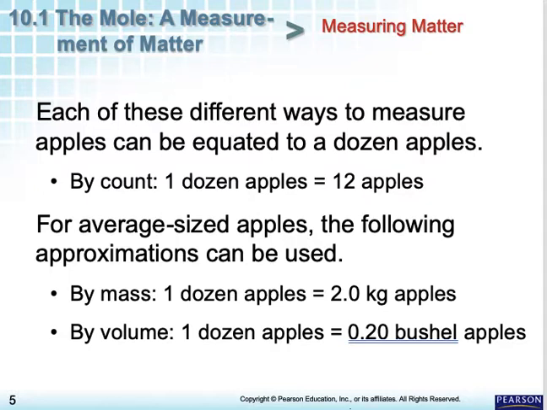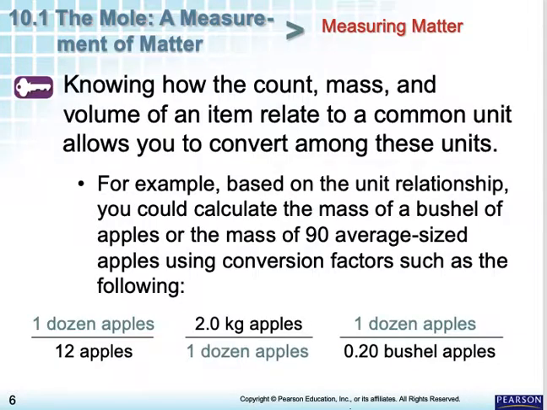If a dozen apples equals 2.0 kilograms, then I could convert. And I can also use a conversion factor that a dozen apples equals 0.20 bushels of apples. And so I can arrange these in various ways to calculate other things without actually having measured them.